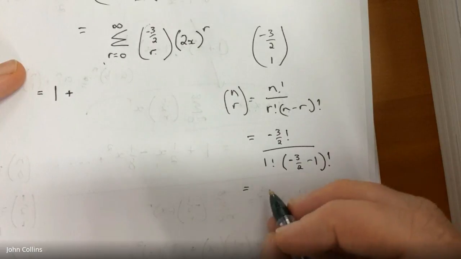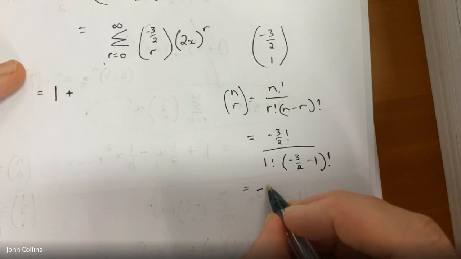So on the top it's minus 3 over 2, then minus 3 over 2 minus 1, and then minus 3 over 2 minus 2, and so on. And then at the bottom is 1 times all that stuff again. Okay, I think you're cutting in and out there, but I'll start it off.